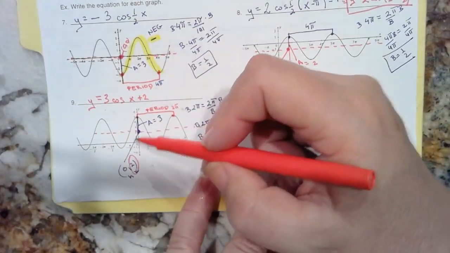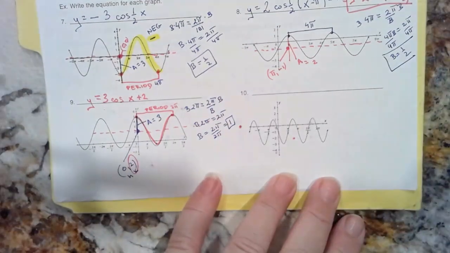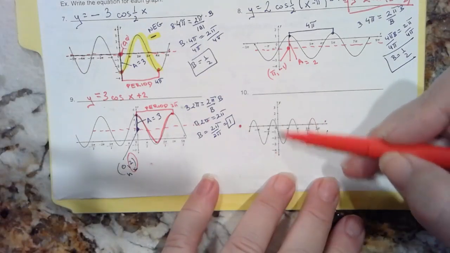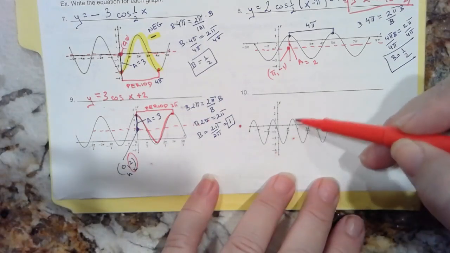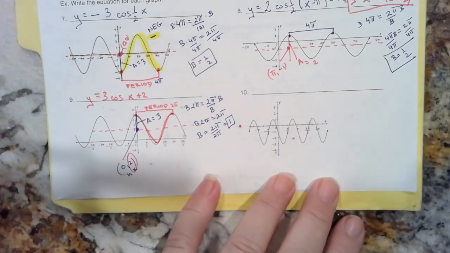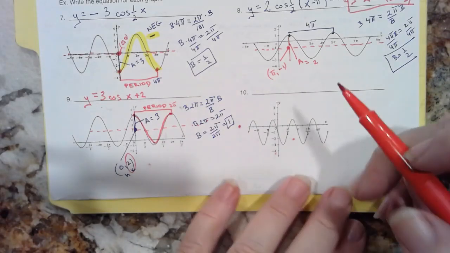Oh, and then this one, I went like this. Okay, last one. Again, it's very important for you to identify where you start and where you end. You choose which one. So you might have a slightly different starting point, but your equation, amplitude, and B should be the same.